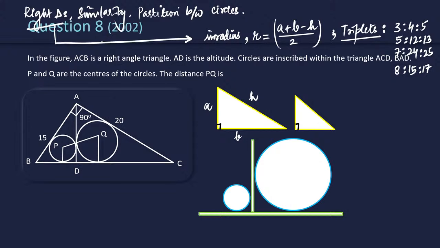Next thing about similarity. So similarity states that suppose if these sides of the large triangle are A, B and H, and for the small triangle suppose one side is K, the corresponding side, then the other two sides are also going to be KH and KB. ठीक है, ये compulsory है.